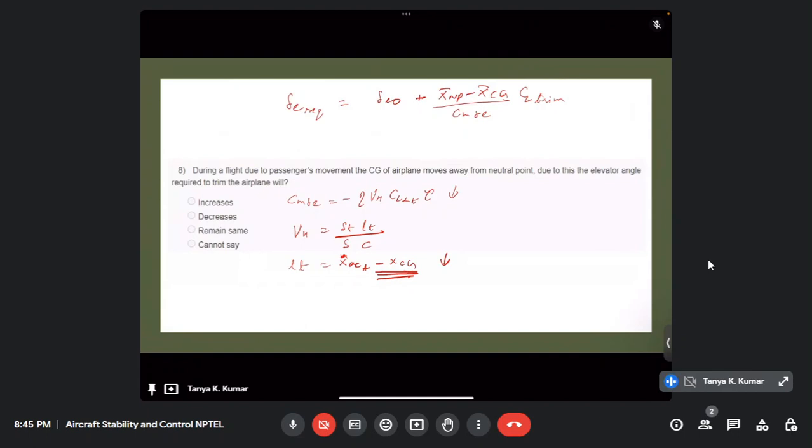Now that you know that Cm delta E decreases, so delta E required increases, right? Yes. Just write down the formula, see where the Cg comes into play. Now, if it did not feature in the equation anyway, it would not change. But now we know Xcg is coming in the equation here, right? So then you just analyze each term and then finally get to the delta E required equation, see if it increases or decreases. Okay, let's go to the next question.